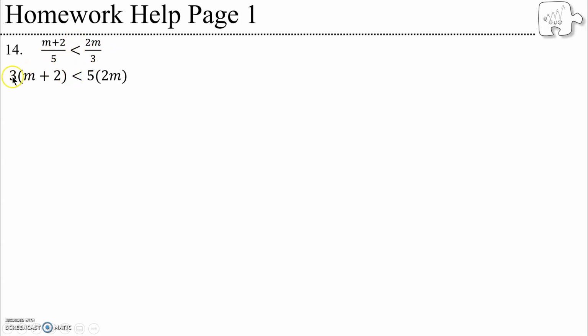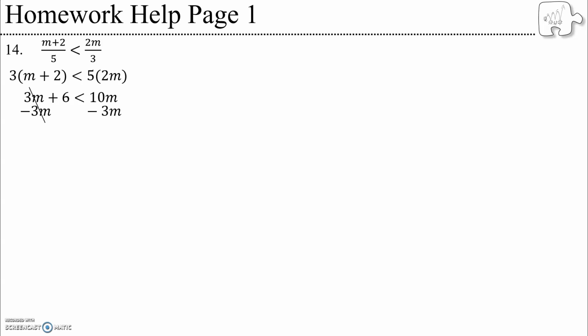Now we got to distribute 3 times m and 3 times 2. 3 times m is 3m, 3 times 2 is 6, and 5 times 2m is 10m. So now we got to subtract 3m from both sides to make these guys cancel out.